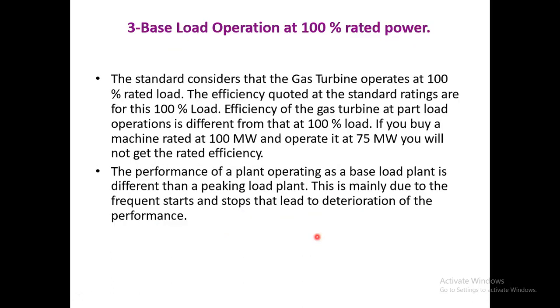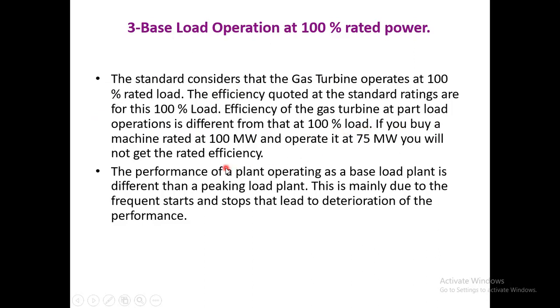Number three is load operation at 100% rated power. The standard consideration is that the gas turbine operates at 100% rated load. The efficiency quoted at the standard ratings is for this 100% load. Efficiency of the gas turbine at part load operation is different from that at 100% load.